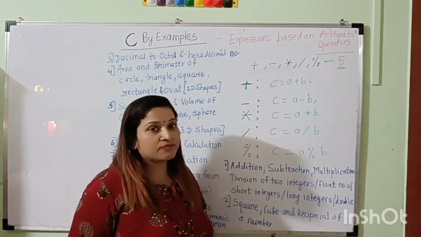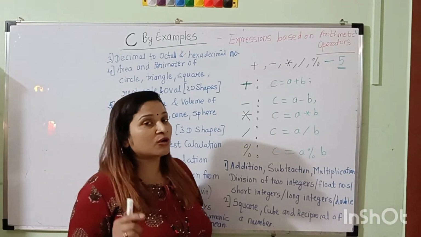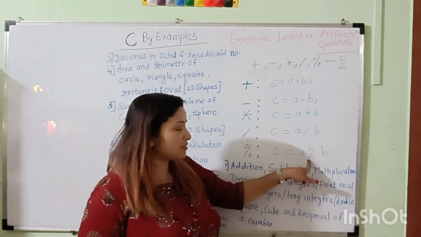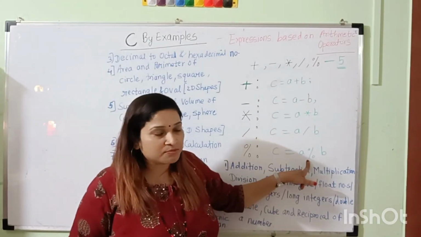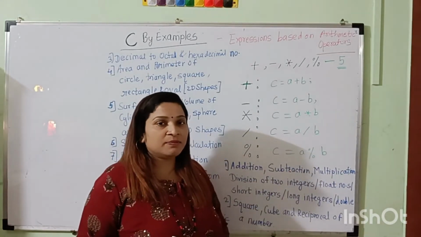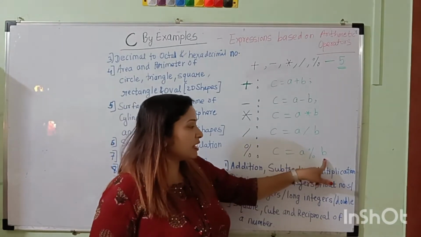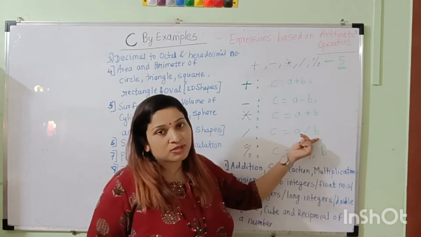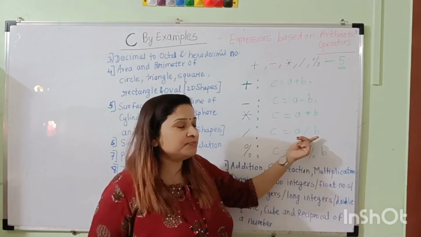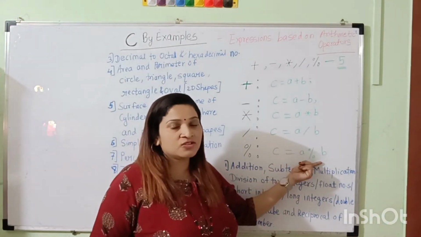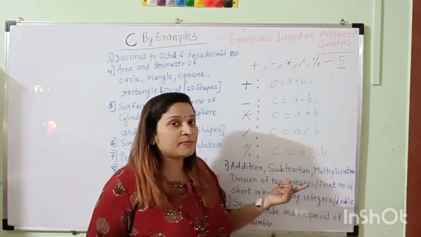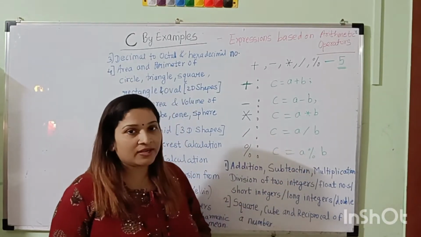The next operator, which is new in programming and not there in mathematics, is the mod operator, denoted by the percent symbol. What does it do? It divides A by B. In C there are two types of division: one is integer division and the other is the remainder. The mod operator is not just division, it gives the remainder.